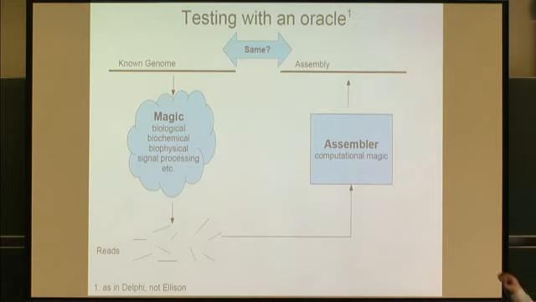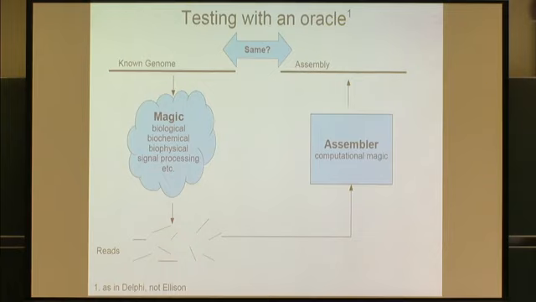Okay, so you take the truth, which is in some known genome, you sequence it, you assemble it, and then you ask, is the assembly the same as the truth that you started with? Right? If it's not, any differences are clearly mistakes somewhere.